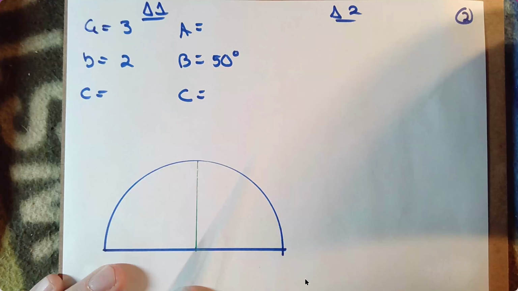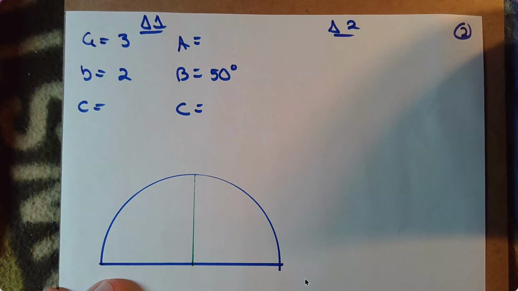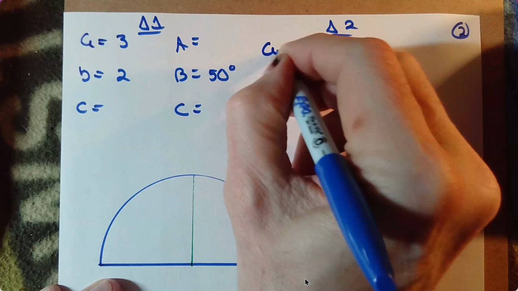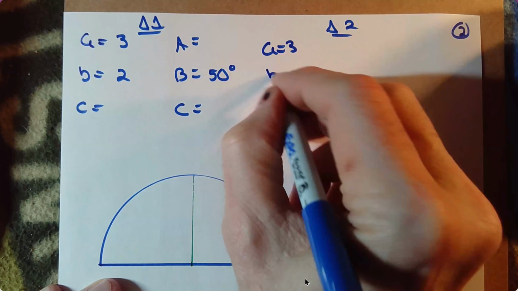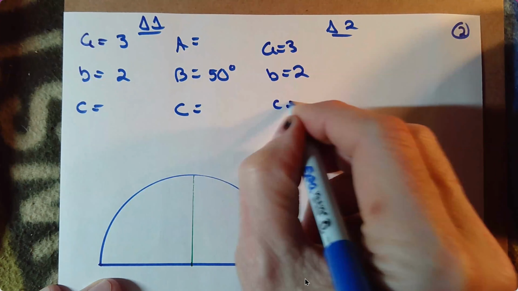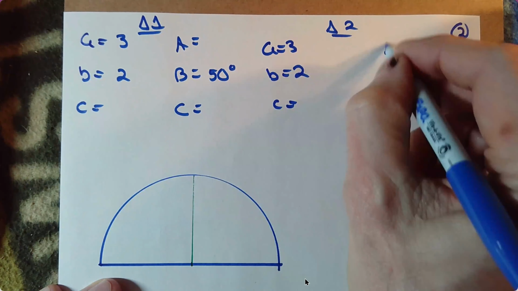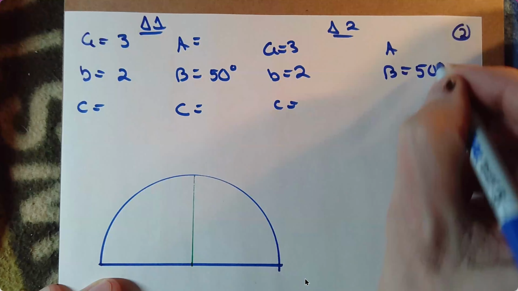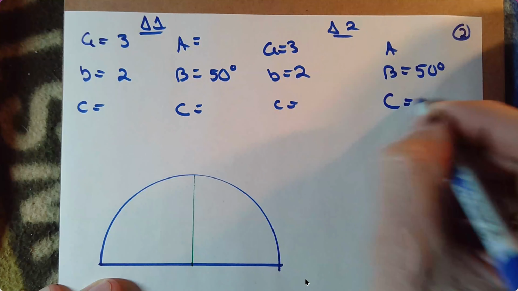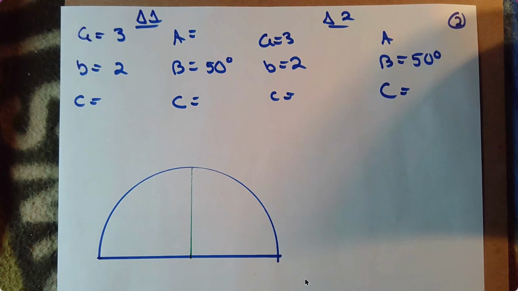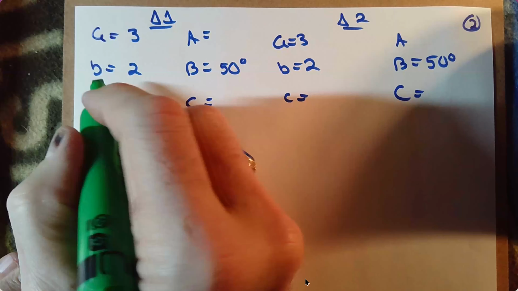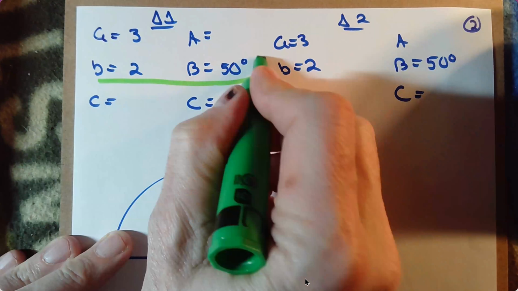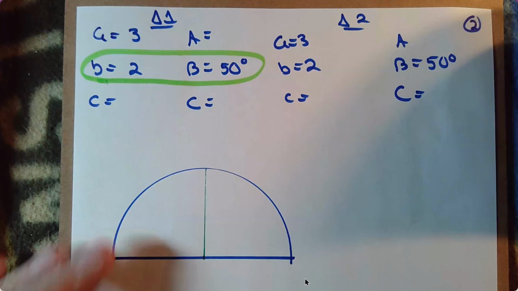I'll always put both of these on your test, even if you don't use one. So don't think necessarily that because you've got it here for both of them that there's necessarily two solutions. There could be two solutions, one solution, or zero solutions. As before, we've got to start out with a known angle and known side pair. Not much choice in this one.